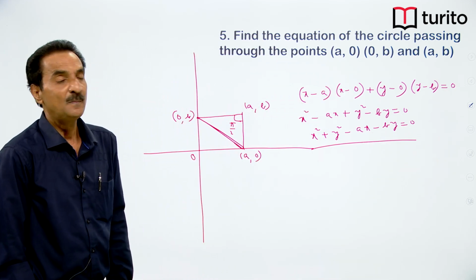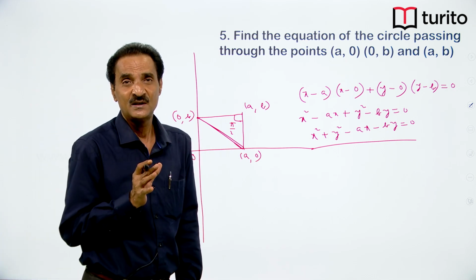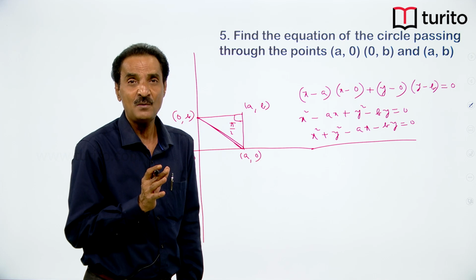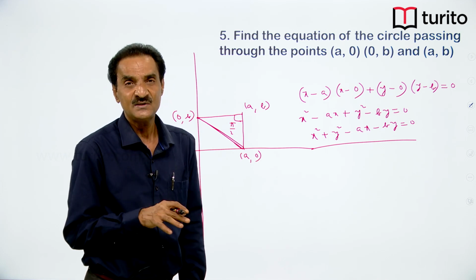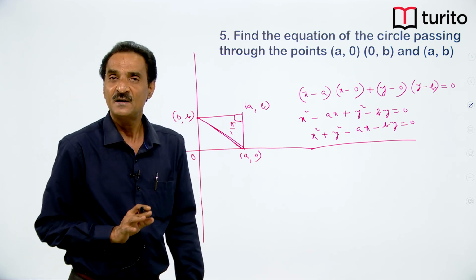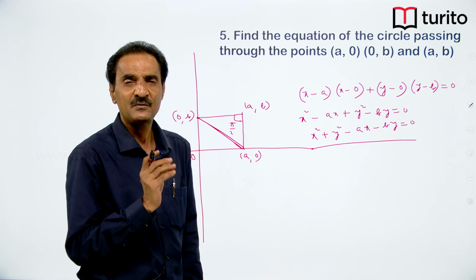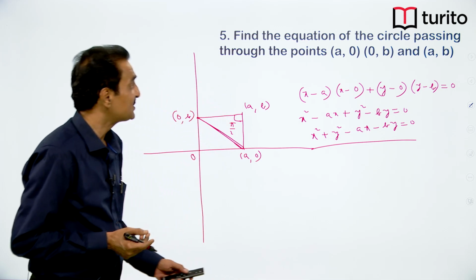Okay. So, just have a look at the coordinates and observe whether the points form an equilateral or right angle triangle. In that case, no need of going for other methods, directly you can find the equation of the circumcircle very quickly. Now, moving to the next question.